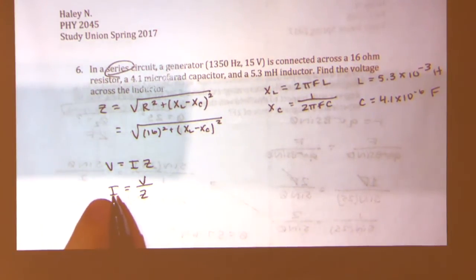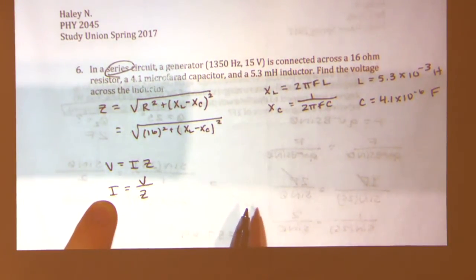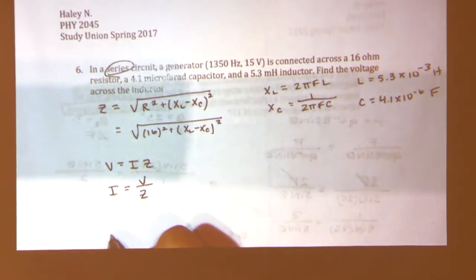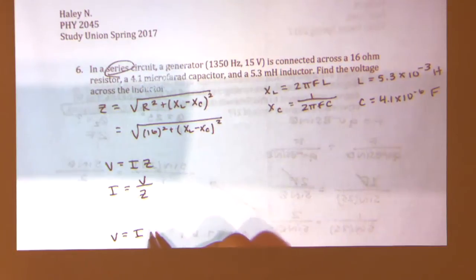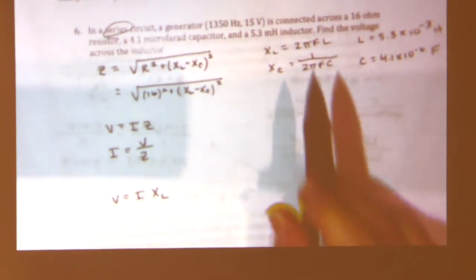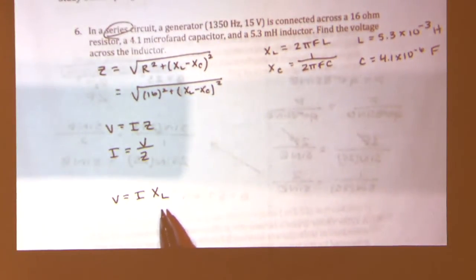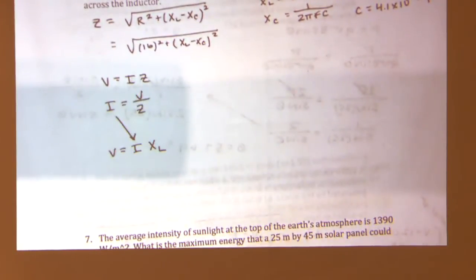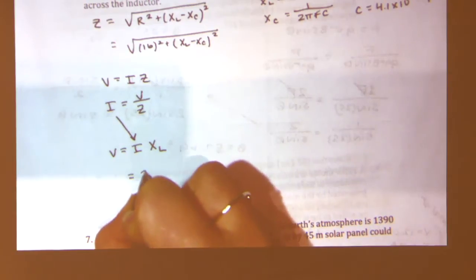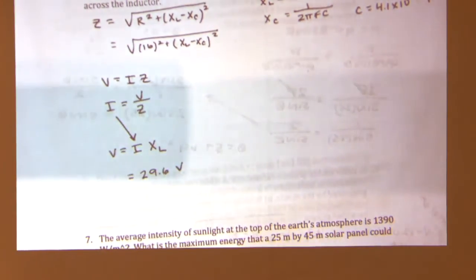Once we have this current, the current will be the same at the inductor, just like it will be the same at the capacitor and the resistor. We are going to go to this equation, V equals I XL, where we already solved for XL, so we'll plug that in here, and we just solved for the current, and we'll plug that current into here and solve. That'll give us the voltage just across the inductor. When I did the whole thing, I got 29.6 volts.